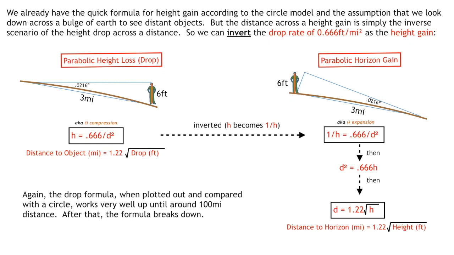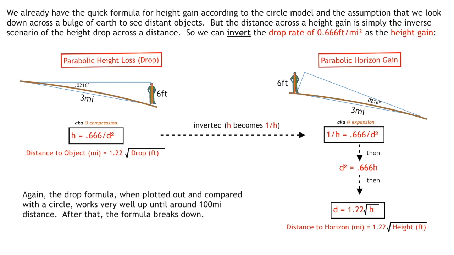So our height equal to 0.66 of a drop rate across the mile squared is then inverted. The h becomes 1 over h. So then 1 over h is equal to that same rate, and we can then solve for distance, and it becomes 1.22 times the square root of h, like we derived earlier, and they are again very similar in that respect.